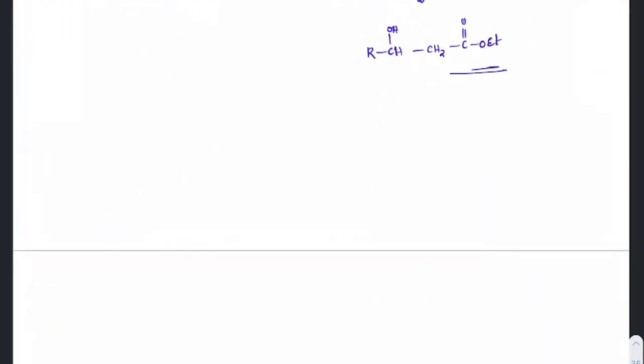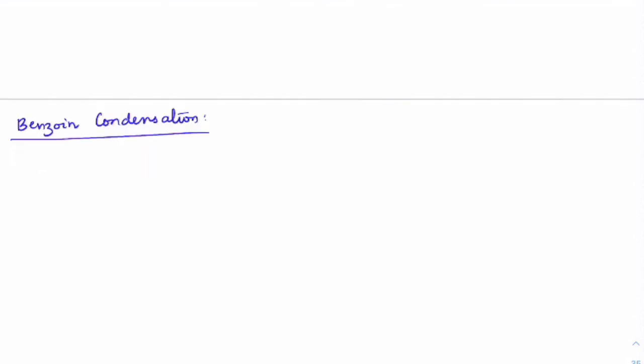The last mechanism which we will discuss, which will end our aldehydes, is benzoin condensation. I think we have done benzoin before also, right? Benzoin condensation is given by aromatic aldehydes, valid for aromatic aldehydes.